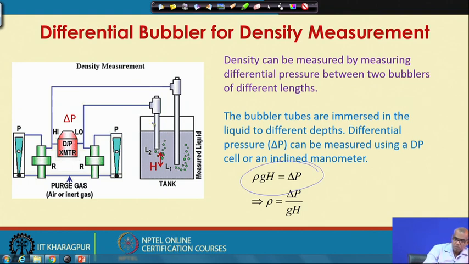So, what you do is I take two bubbler tubes, this length is H. So, let us say air passes through this bubbler tube in a regulated flow, and you maintain the flow rate such that the bubble just escapes at the end of the bubbler tube.